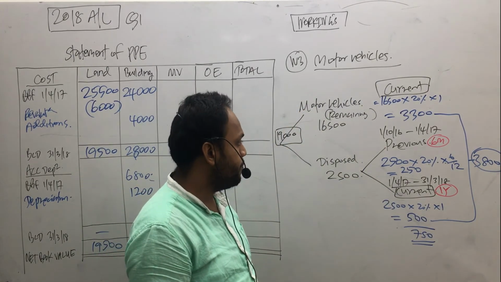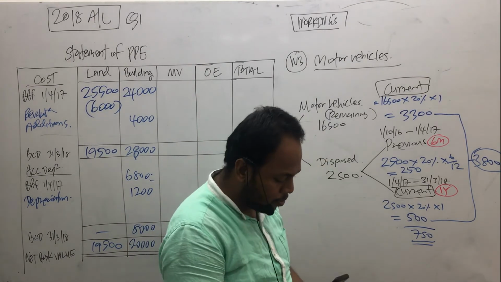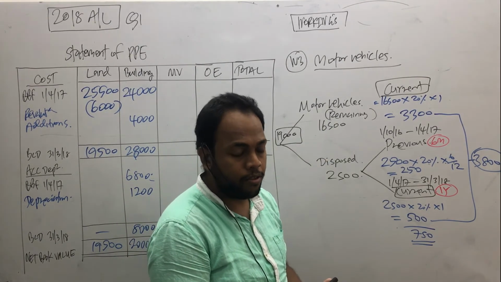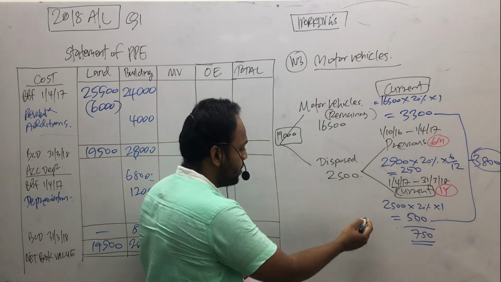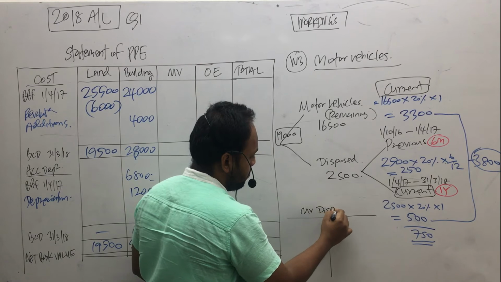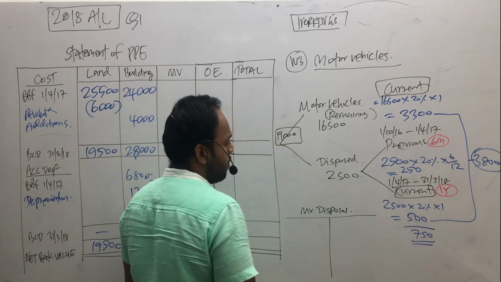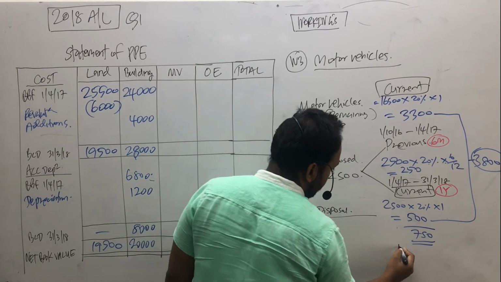3,800. Okay? Right. Now you need to do the disposal adjustment. So remember, for the motor vehicle disposal, there are 4 steps.